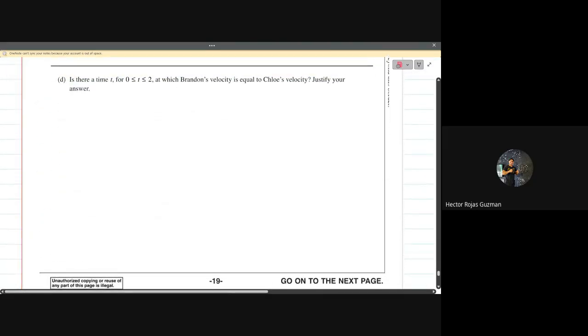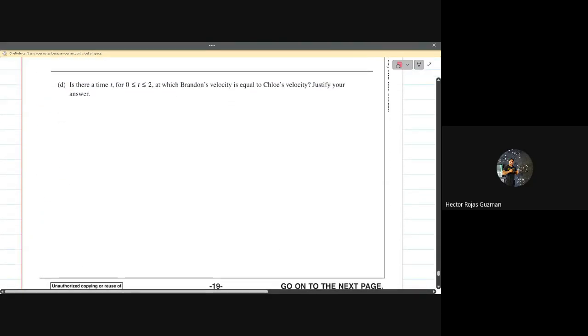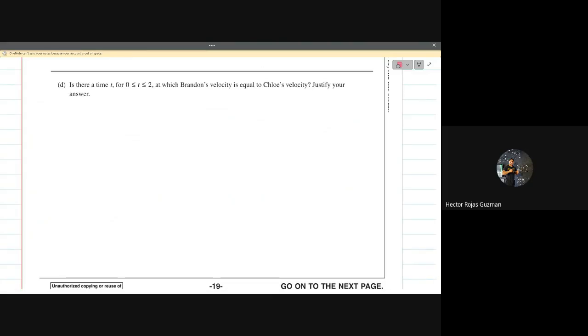The last part. Is there a time in which Brandon's velocity is equal to Chloe's velocity? I suppose this was a little tricky because we have a table for Brandon and we have an equation for Chloe. But here's what I'm going to do. I'm going to calculate both of their velocities at t is equal to 0. So Brandon has a velocity of 1 mile per hour at t is equal to 0.